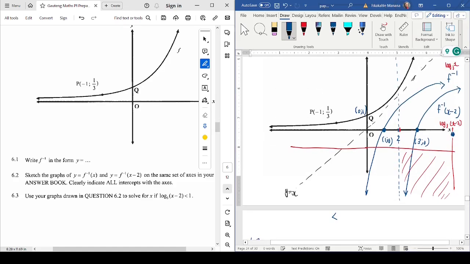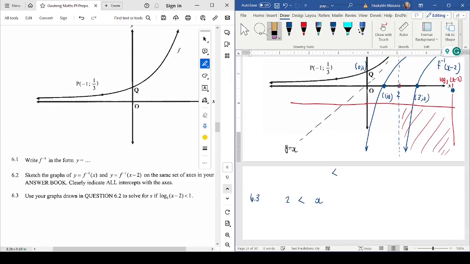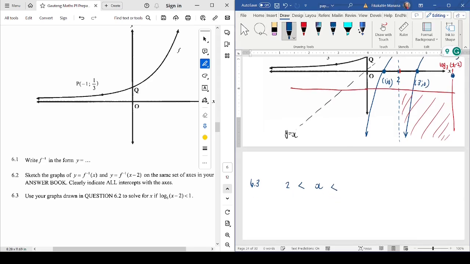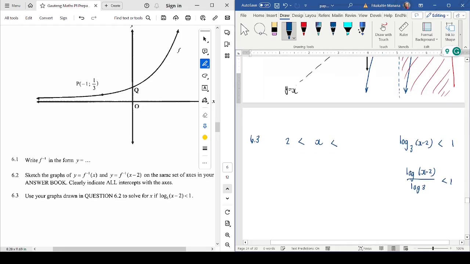I know they said you must use graphs, but in this case, I would be tempted to just use the formula itself. What do I mean by that? I have log base 3 of x minus 2. Where is it smaller than 1? I know that I have log of x minus 2 divided by log 3 smaller than 1, and then I take the log 3 to the other side.